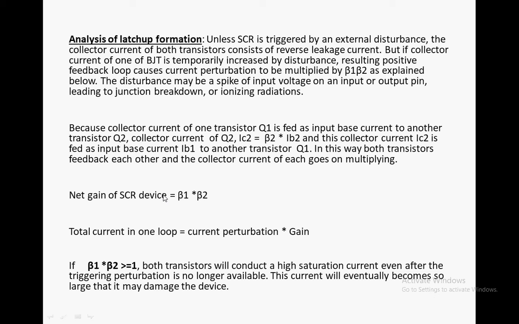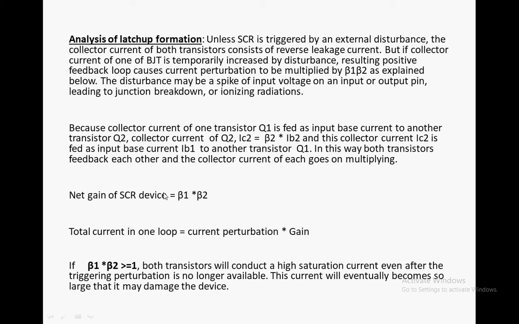The collector current of both transistors consists of reverse leakage current, but if the collector current of one of these is temporarily increased by a disturbance, the resulting positive feedback loop causes the current perturbation to be multiplied by beta 1 and beta 2, as explained below. The disturbance may be a spike of input voltage on an input or output pin, meaning trigger pulses, leading to junction breakdown and ionizing radiations.